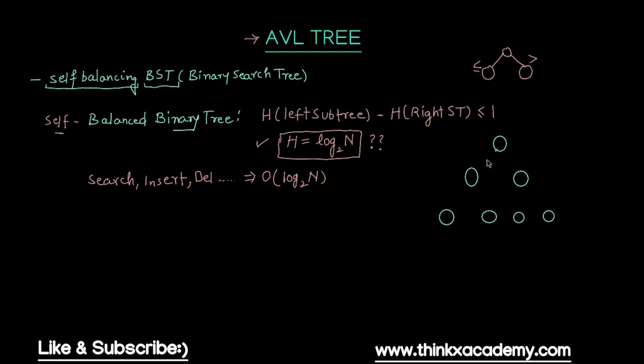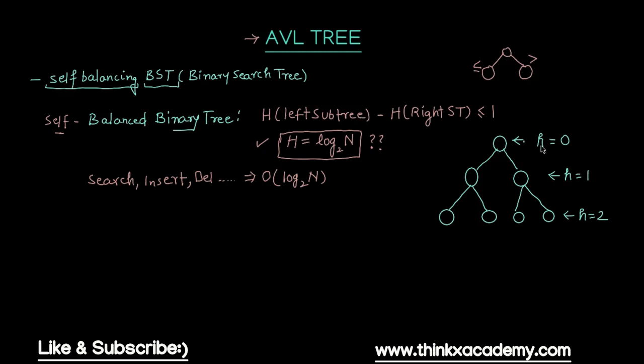You can see that at this point the height of the tree is 0, at this point the height is 1, and at this point the height is 2.